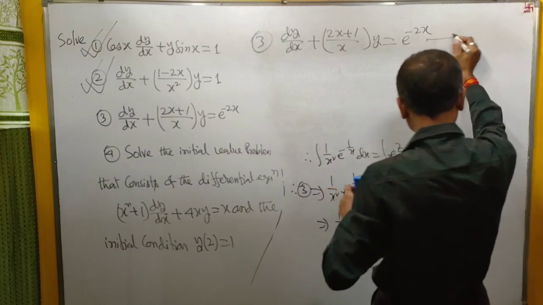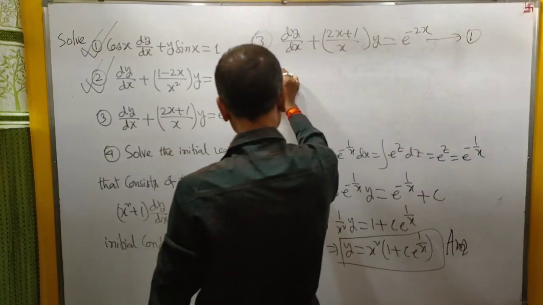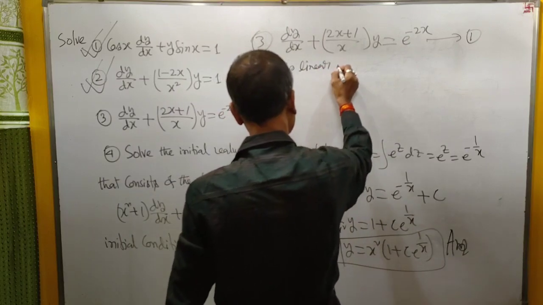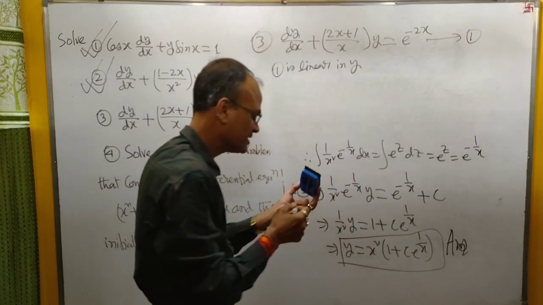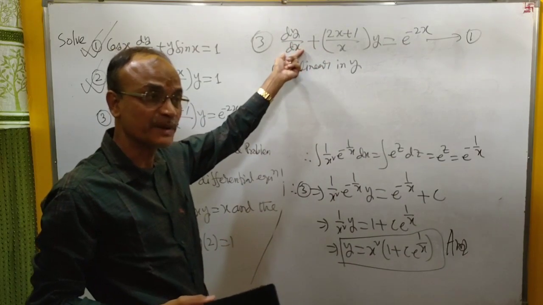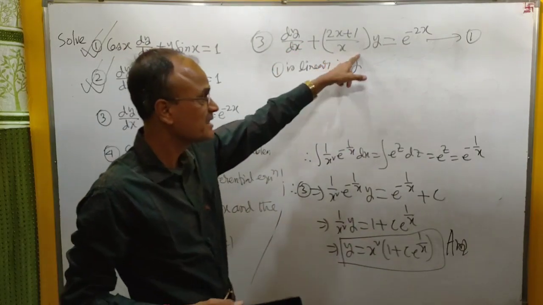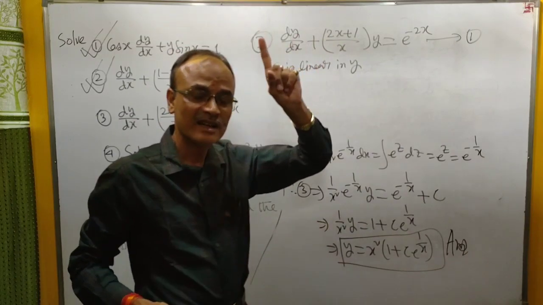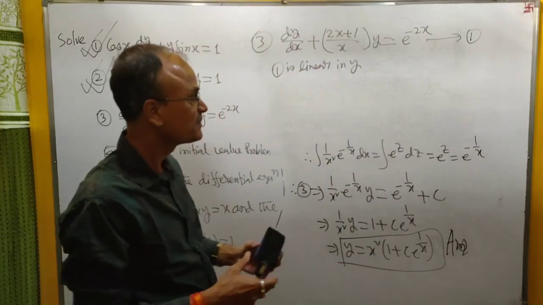Suppose the differential equation is 1. 1 is linear in y. Linear in y means linear with y as the dependent variable. Obviously, q is a function of x, which means the independent variable is x.